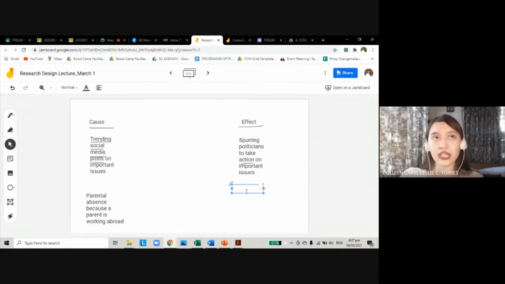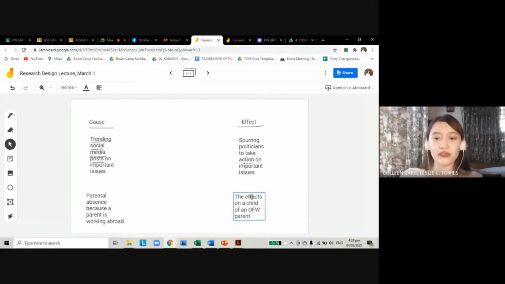So let's try to phrase that in a more noun way, like we're trying to determine a noun. So what are we trying to determine here? Now, parental absence because a parent is working abroad. So that we're trying to determine the effects, no? Effects on a child of an OFW parent. Okay? So the cause would be parental absence.